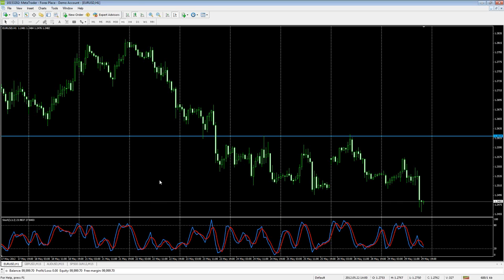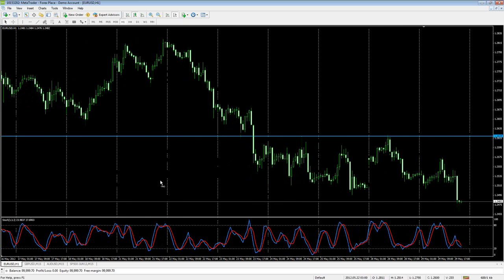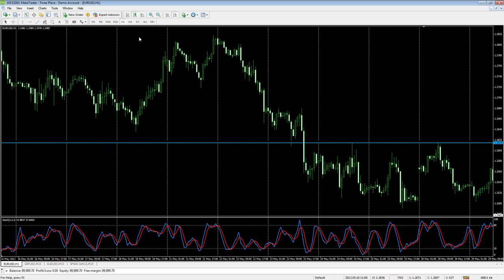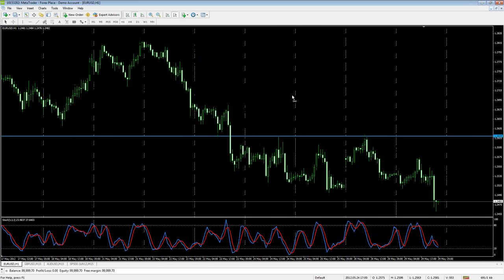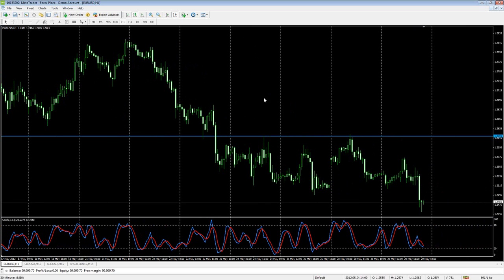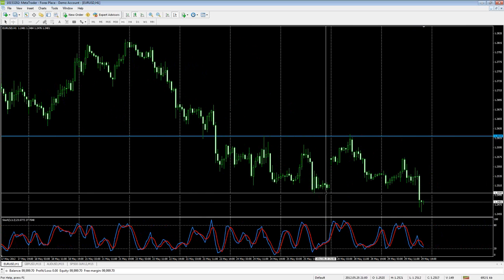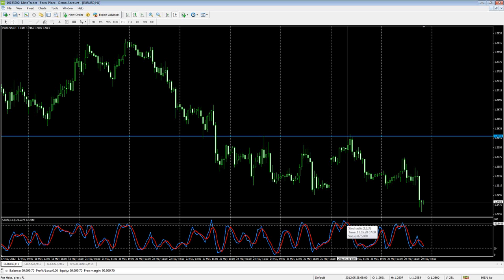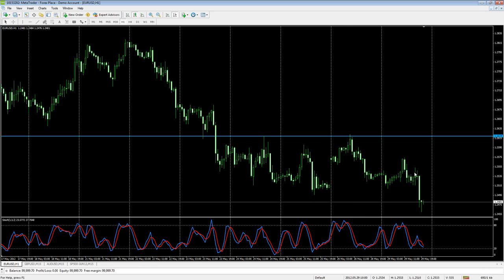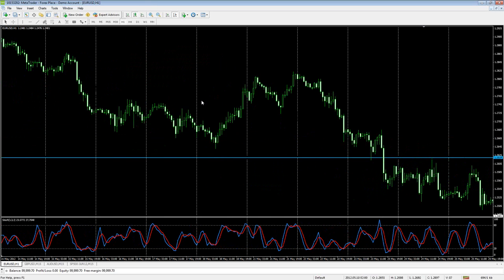And I will be looking for divergences in these support or resistance areas. So, for example, in this case, there isn't much of a divergence here. Let me see. Okay.